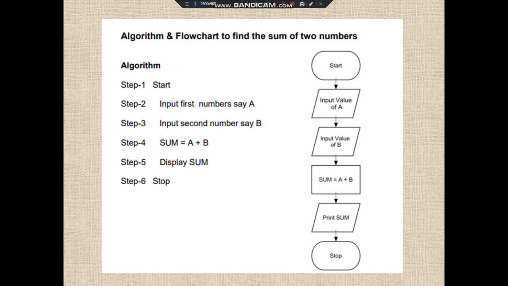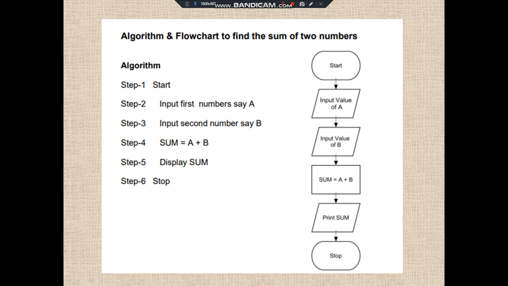So the first step is start. For start you will require the oval symbol. Then input the first number. So you are taking the input here, and for input you will require the parallelogram. The input value of A will be taken from the user side. After that, the second number you are taking from the user side. So it is again input, and for input you are using the parallelogram here.